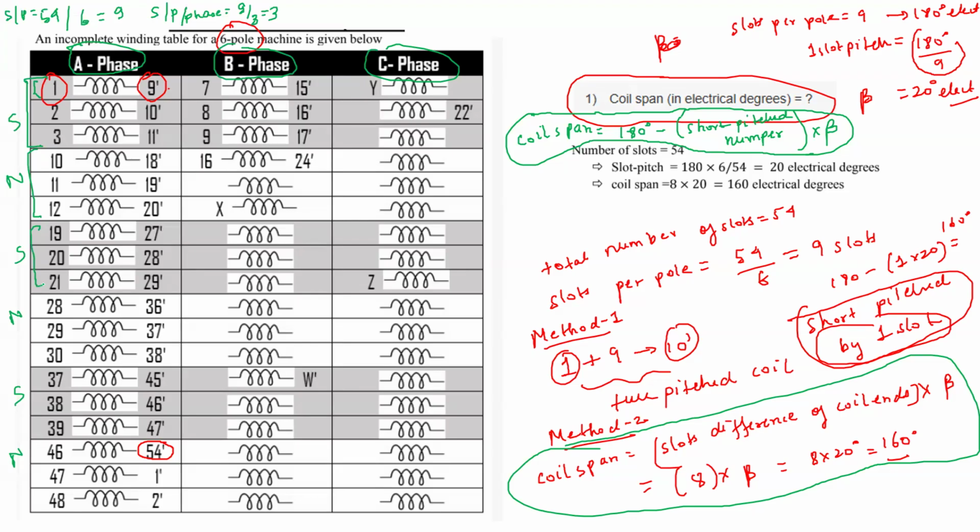So basically M is equal to slots per pole per phase. Because we know that for a double layer winding, the number of coils is equal to the number of slots.